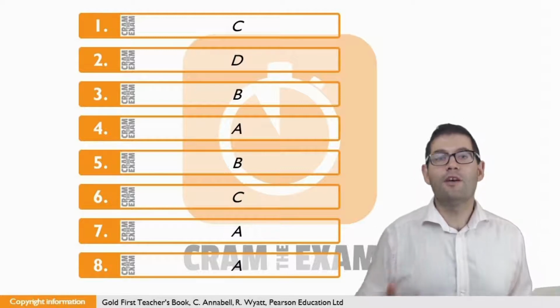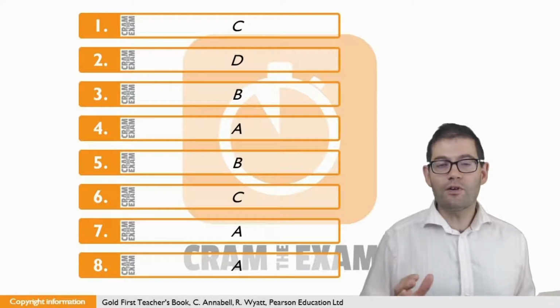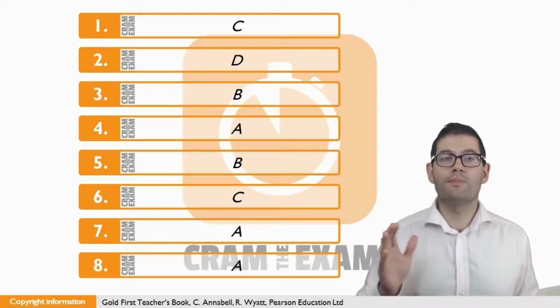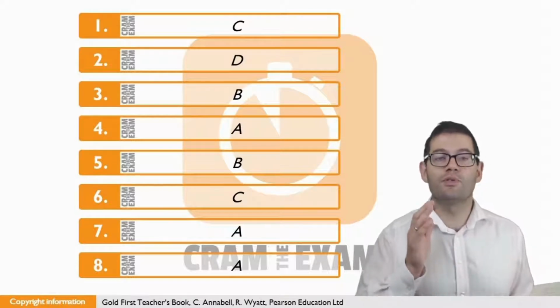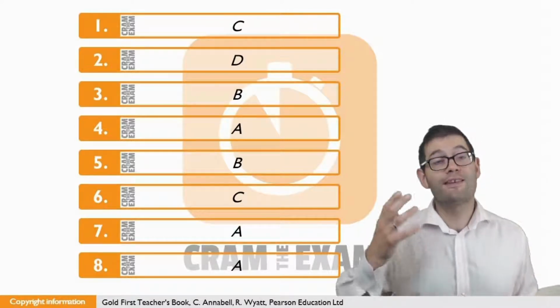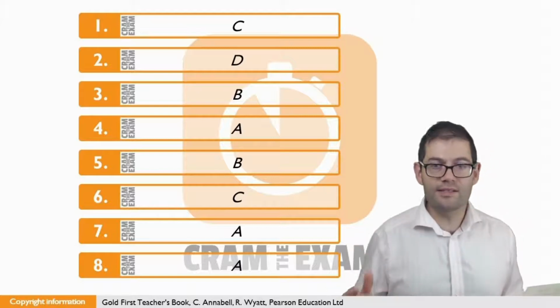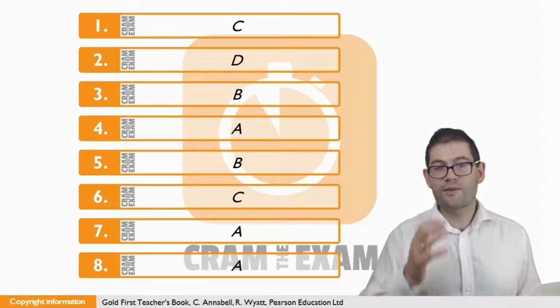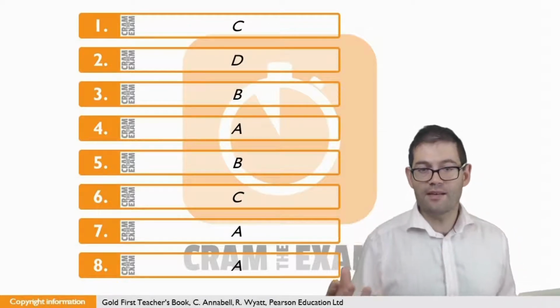For question number 3, we have to take into account the sentence structure. What we've got here is a subordinate clause followed by a main clause, which means that we need to choose the correct subordinate conjunction which gives us the correct message. Now that message, if we analyse the whole sentence, is one of contrast. So in a subordinate clause there's a contrast to the idea presented in the main clause.